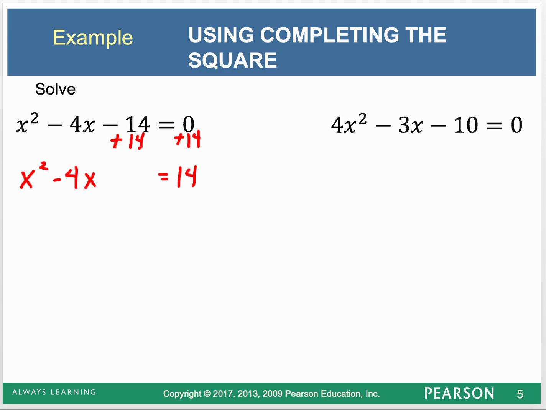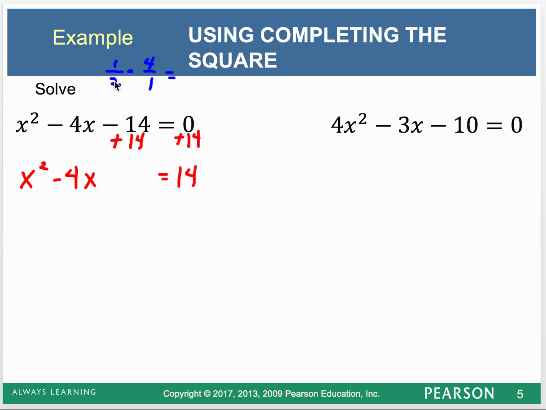Now I'm going to take half of this middle term here. And I know that we know half of 4 is 2, but sometimes if we have a problem like over here where we're going to have 3/4, and we're like, oh, what's half of 3/4? You can always find that by saying half of means multiply, right?